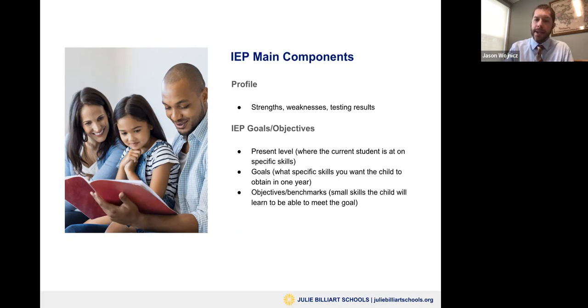Because that academic data demonstrates that they are having success, they are where they need to be, you would not find a goal around academics on their IEP, because the ETR doesn't demonstrate a deficit in that area. So it's very important to realize that, referring back to that ETR, it is all the deficits that are listed there that are going to lead to the specific goals that are going to be outlined in the child's IEP.